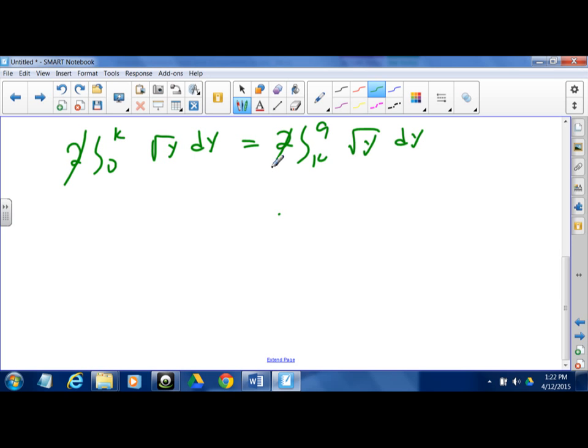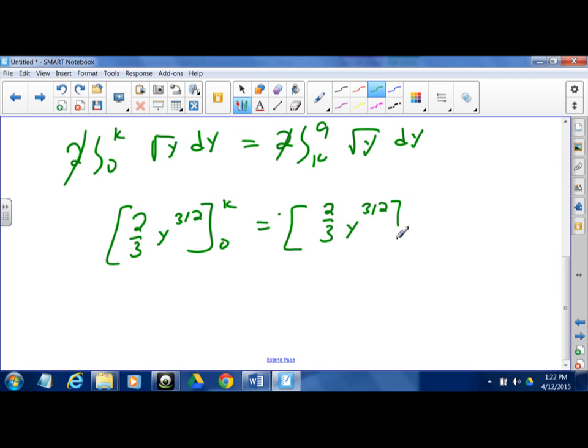So I'm going to take the antiderivative of y to the 1/2 power, which is 2/3 y to the 3/2, and I'm evaluating this thing from 0 to k. And I set this equal to 2/3 y to the 3/2, and evaluating this one from k to 9. Okay? So if I were to actually use the fundamental theorem of calculus here, this is what it would look like.